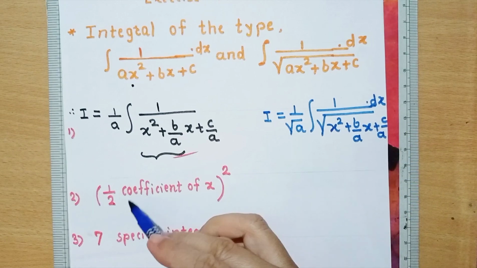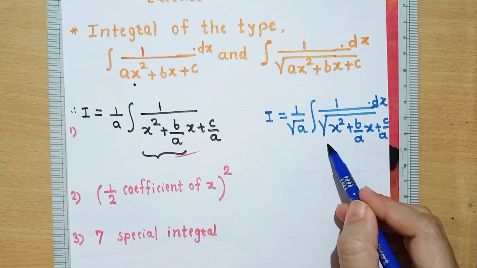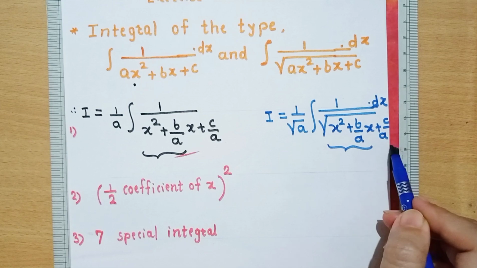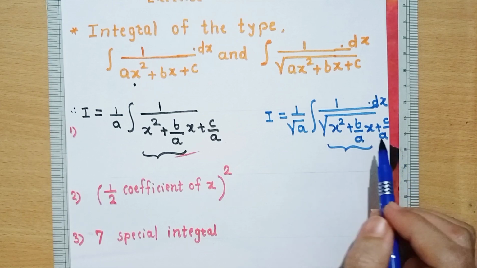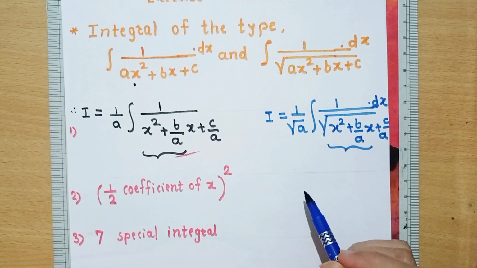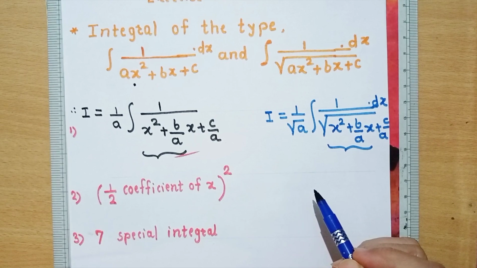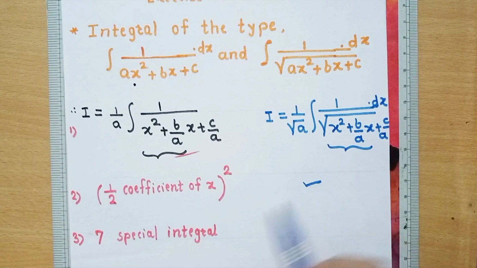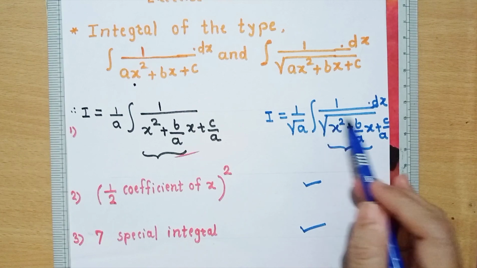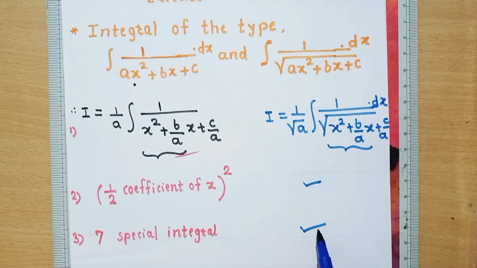And again we will use the same formula here and we will find the third term and we will express this term in the form of sum or difference of two squares. And after that we will use these 7 special integrals, that means integrals having this root symbol, and we will solve by the regular way.